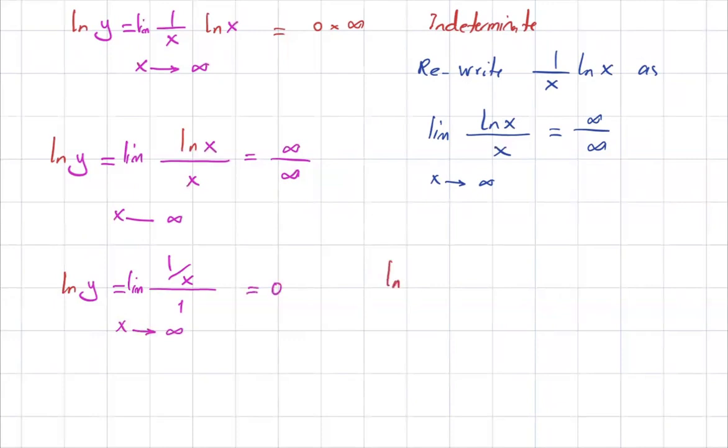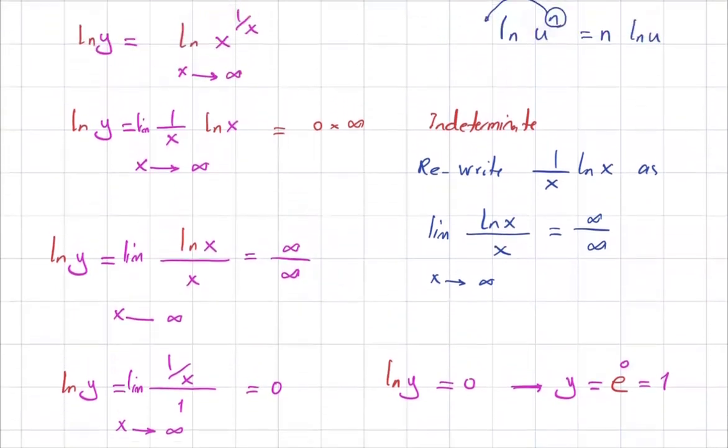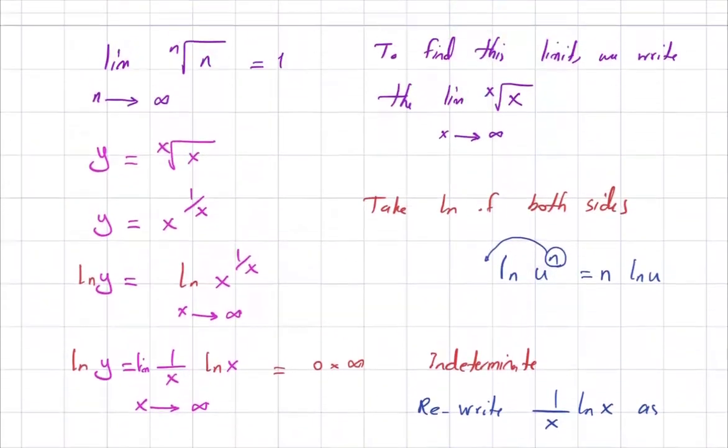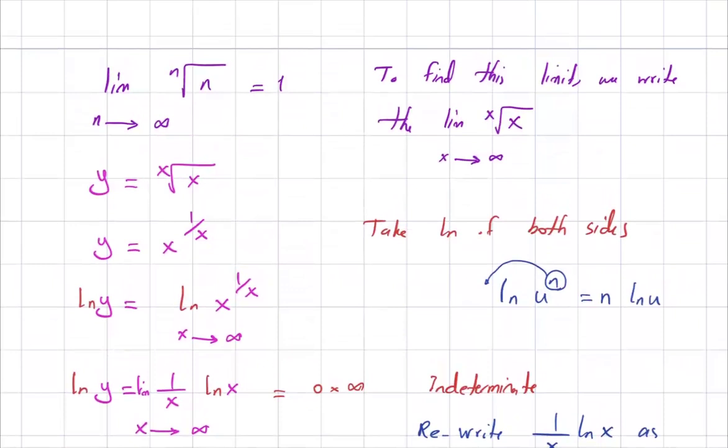So what happens is that ln of y is equal to 0, which means that y is equal to e to the power 0, or 1. So the limit of the nth root of n as n goes to infinity is equal to 1.